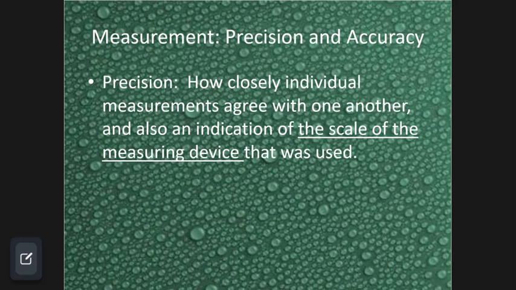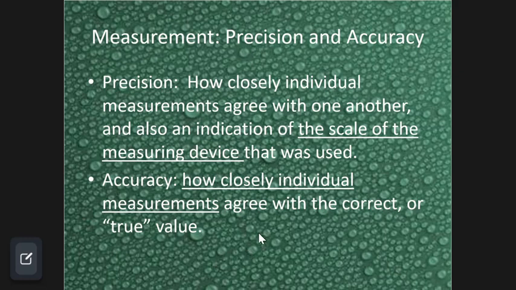Accuracy is how closely one of those individual measurements is to the actual true value, or the correct value. We're going to do a lab in a week where we measure the density, and we'll be exploring that idea more. Anyway, that's a quick introduction to measurements, precision, and accuracy.